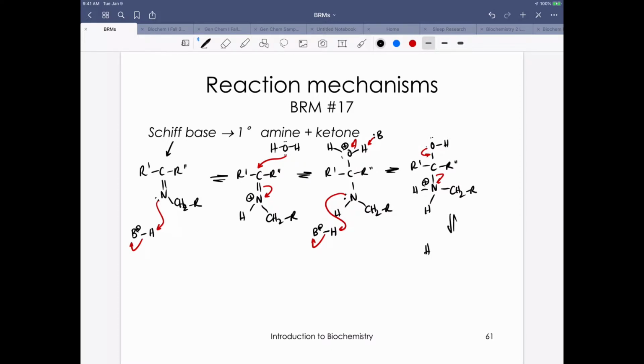So we're going to generate our primary amine and then our protonated ketone. Base easily comes in here, deprotonates, and generates our final ketone product.